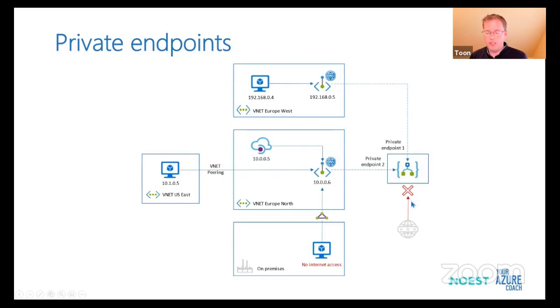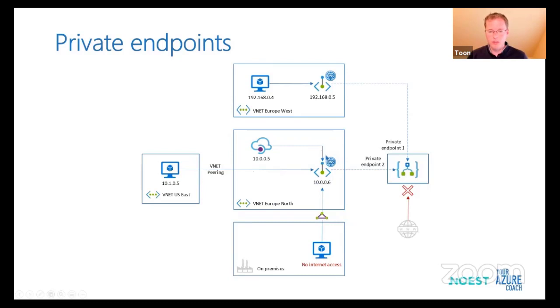So if you enable private endpoint, I will not be able to call the logic app anymore. You will only be able to call it if you are in the virtual network or in a peered virtual network. Your logic app really gets a private IP address in your virtual network that you configure.